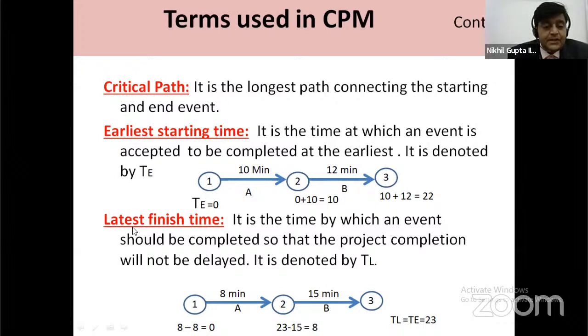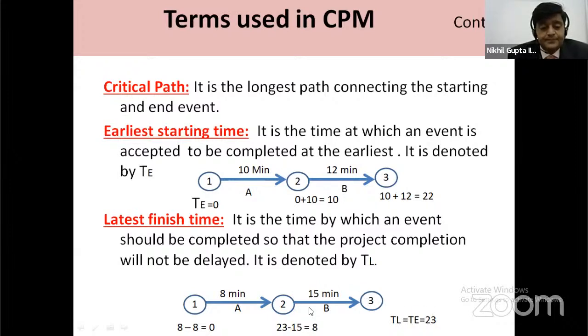Here, the latest finish time always starts from the end event. Means for the end event, TL is always equal to TE. TL is equal to TE, and TE is equal to 0 plus 8 plus 15, which is 23. So for this event, TL is equal to TE is equal to 23.